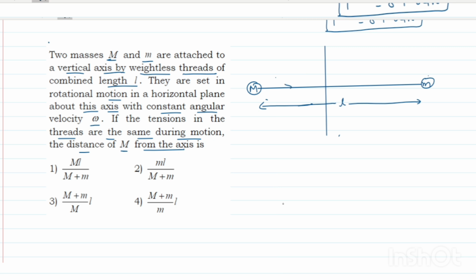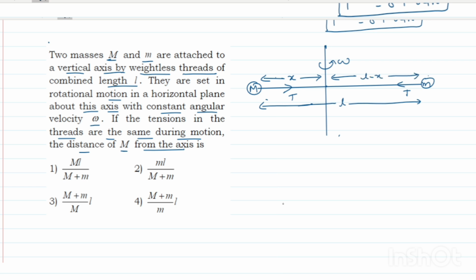Here the tensional force is going to be acting on the same thread, so the same tensional force is going to be acting like this. And now it's going to make a horizontal circular motion about this vertical axis. Now, about this point, capital M will be located at some distance x, and about this point the other mass will be at a distance L minus x.